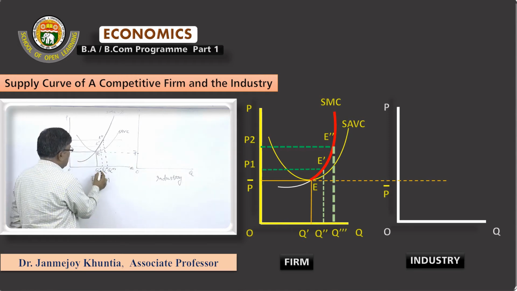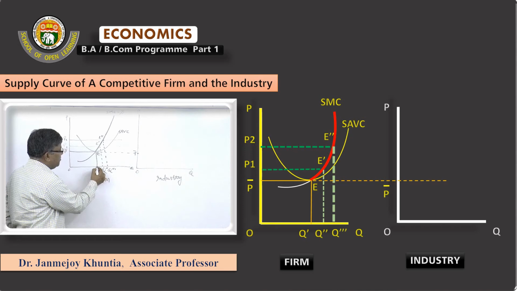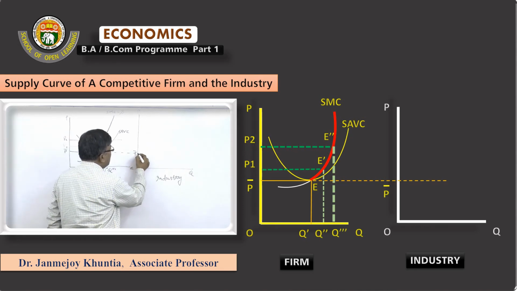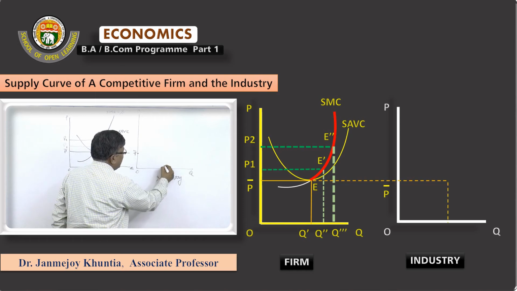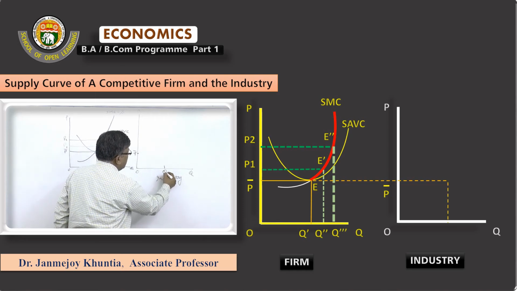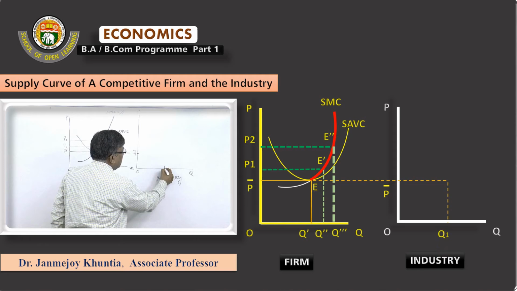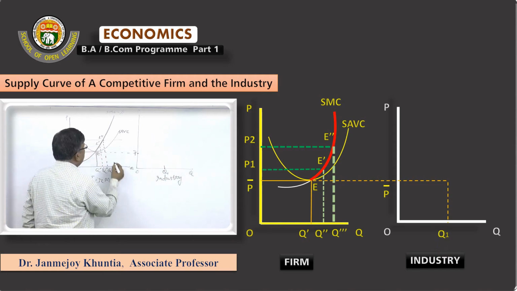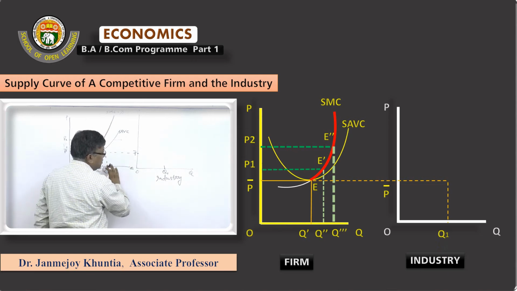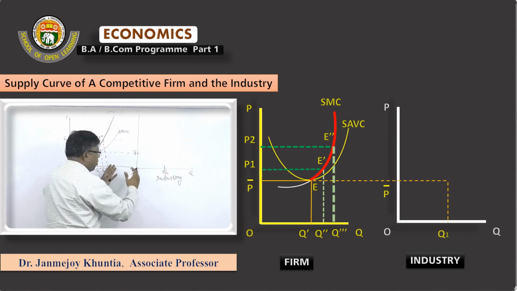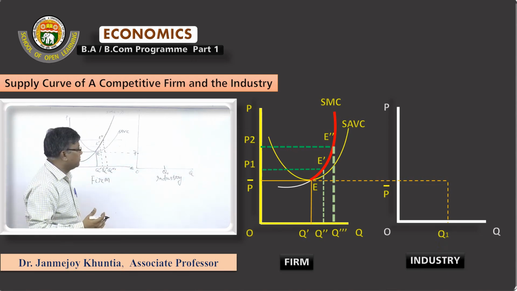So if the particular firm is selling Q dash at P bar, the whole industry, let us say, sells Q1 rate of output at P bar, then horizontal summation means summing up the quantities of all firms in the industry together.